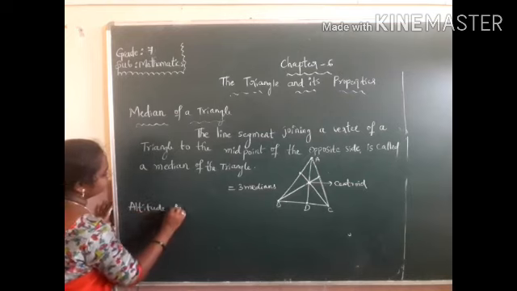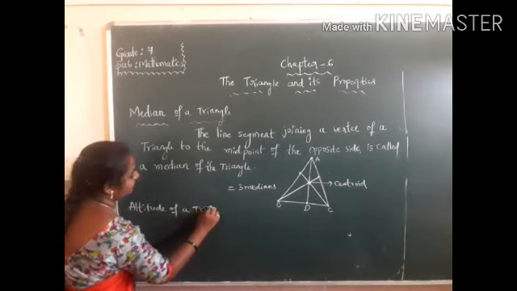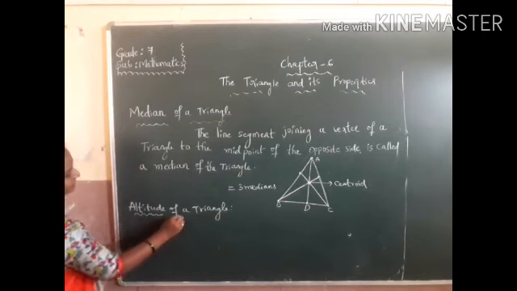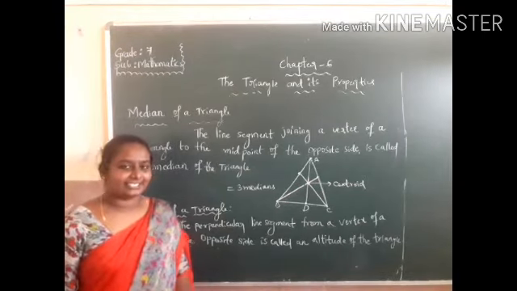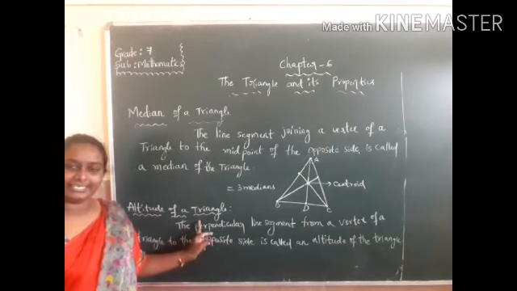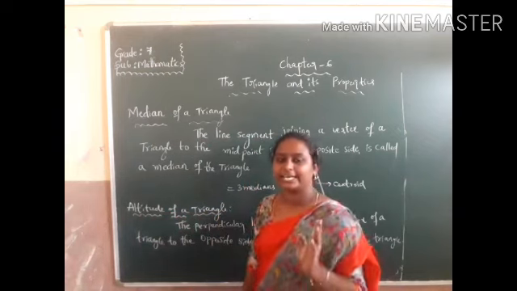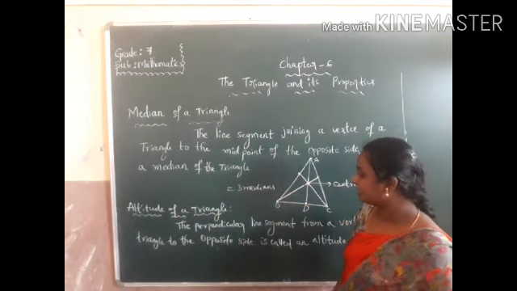Altitude of a triangle. What is meant by altitude? It is nothing but height, the height of a triangle.